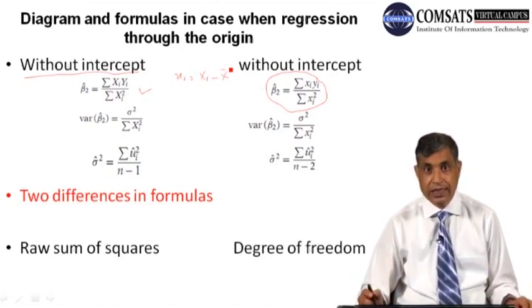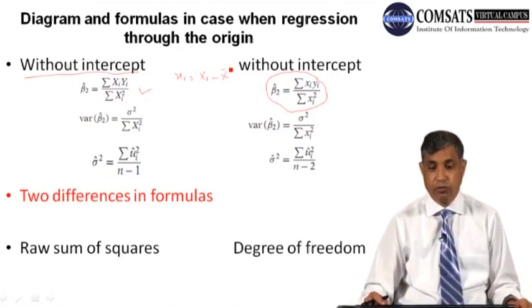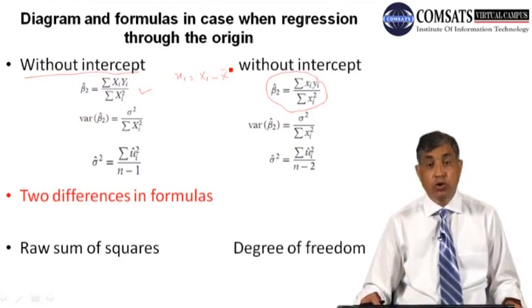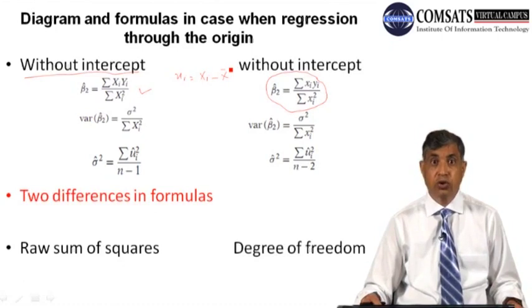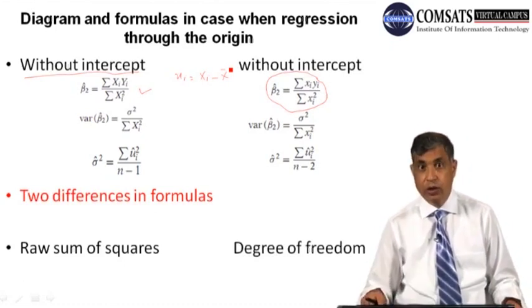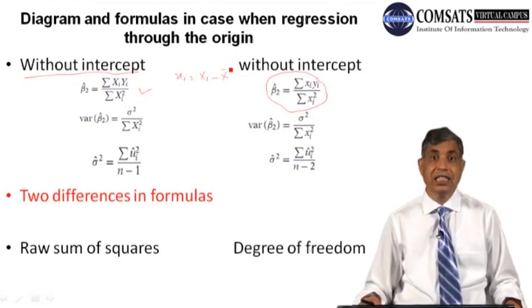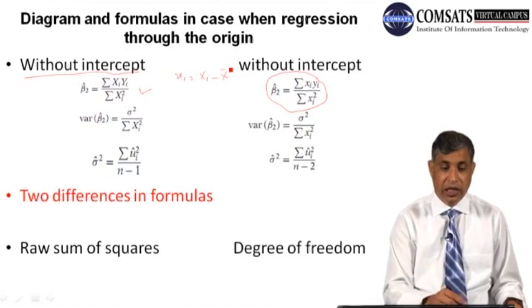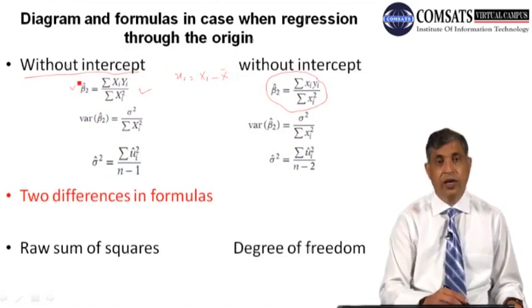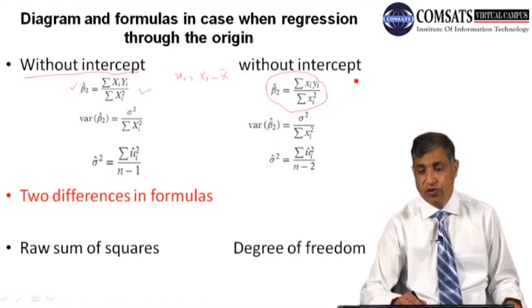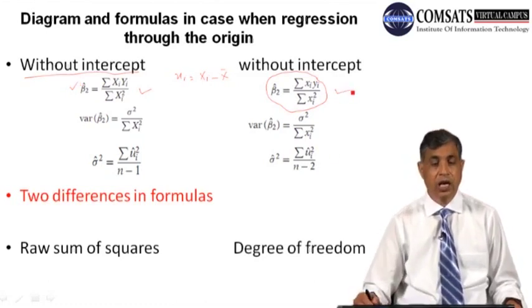So the first difference is that the beta 2 hat formula becomes different in the two cases. You should be very smart and wise while calculating beta 2 hat, because if the function is given in such a situation that the regression runs through the origin, then you should use this kind of formula, but if there is an intercept, you should go for this formula.